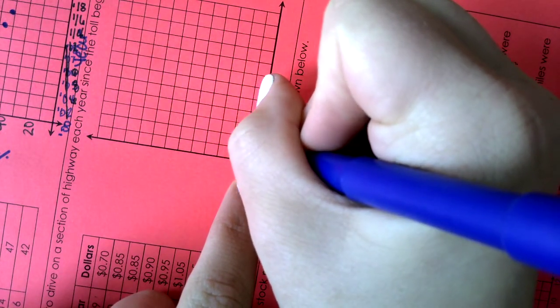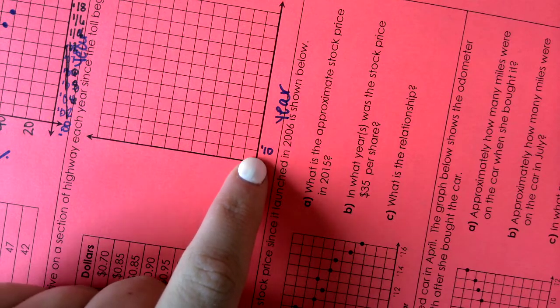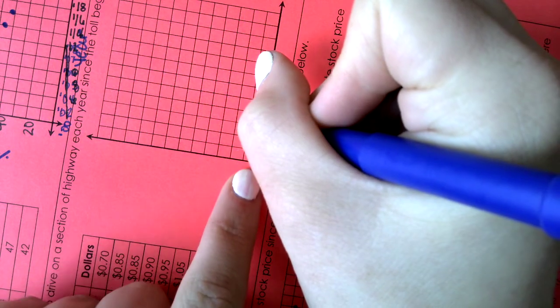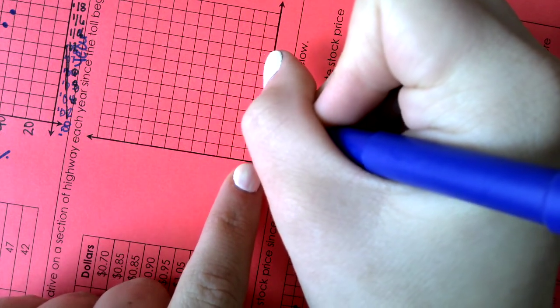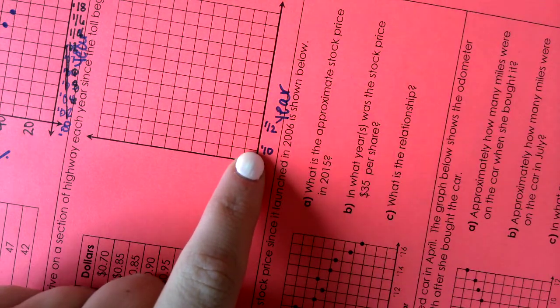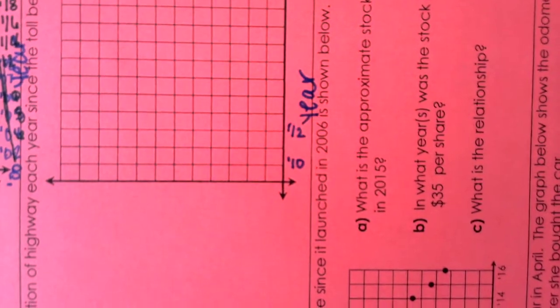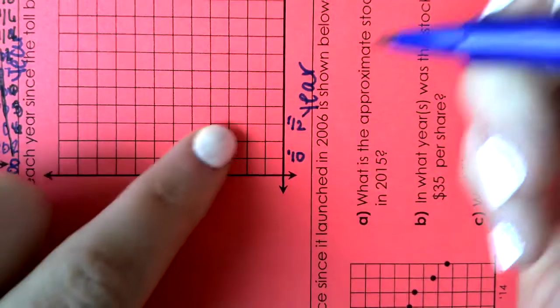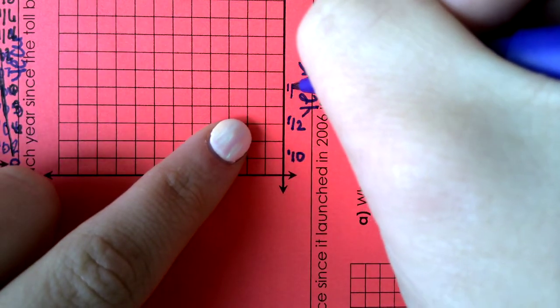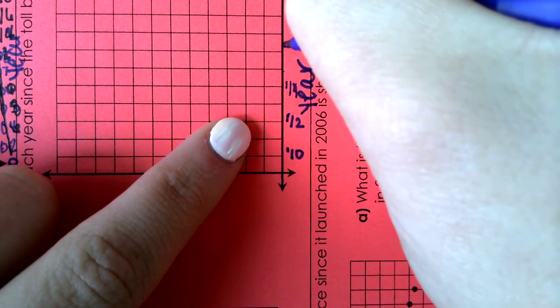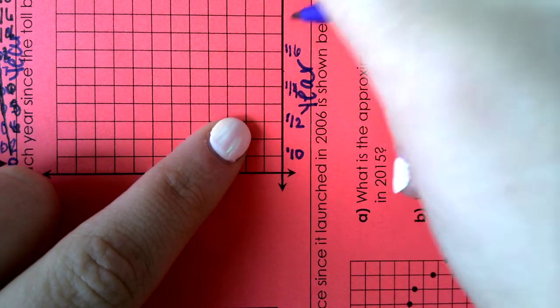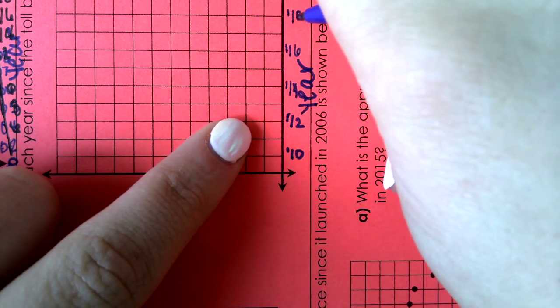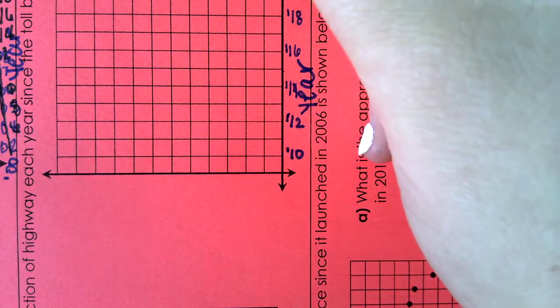So my first line is going to be 2010. Then I'm going to have 11. Then I'll have 12. I'm going to write down every other just so it doesn't get crowded. And then, so 13, 14, 15, 16, 17, 18, 19, and then 20.